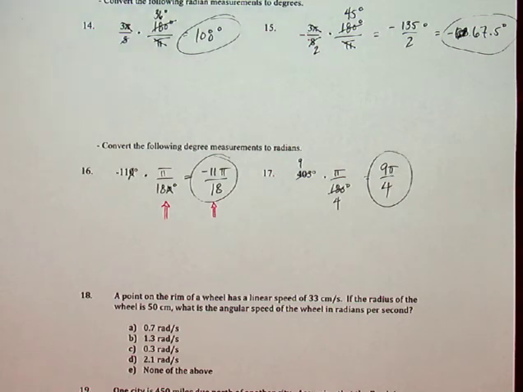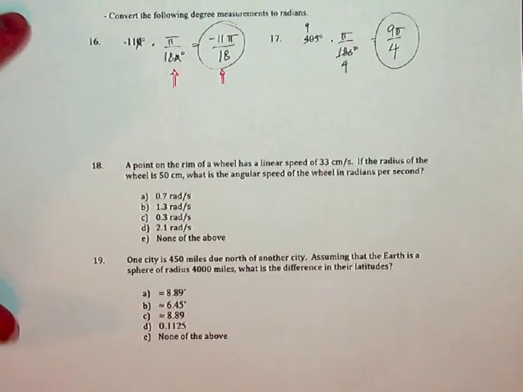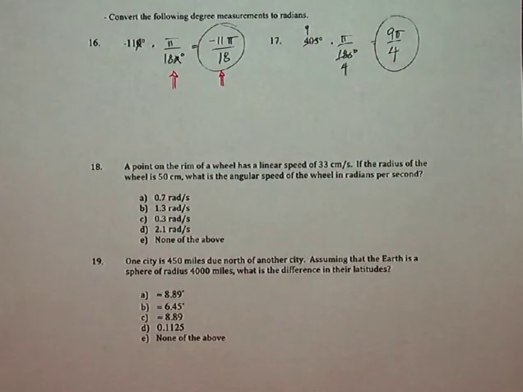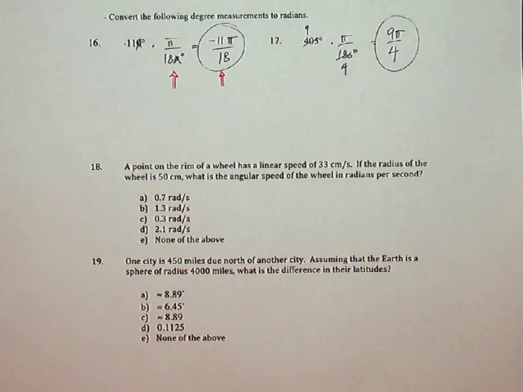Okay. Let's go down to 18 and 19. Both of these, let me take a read and see whether it's actually better for us to move on or whether we want to look at these for a second. A point on the rim of a wheel has linear speed of 33 centimeters per second. Now remember, linear speed is arc length per time, right?